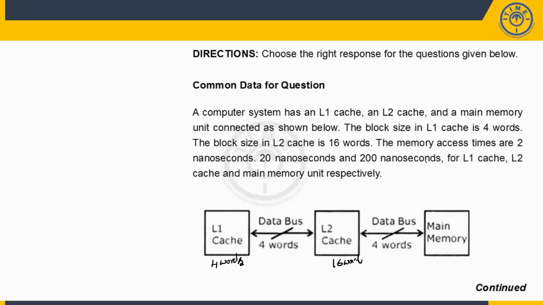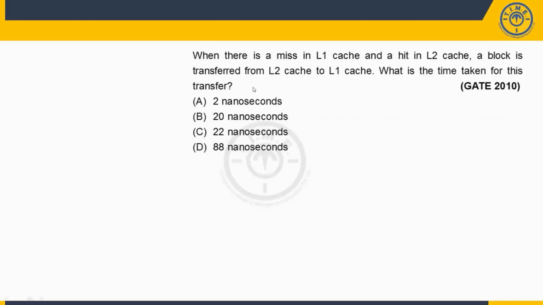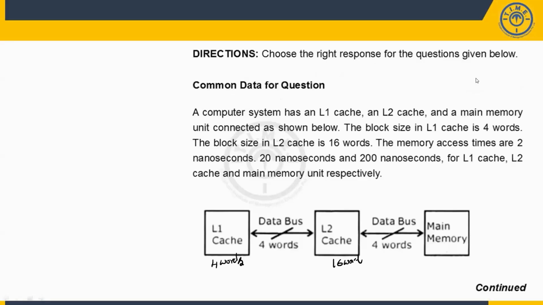The memory access times are 2 nanoseconds, 20 nanoseconds, and 200 nanoseconds for L1 cache, L2 cache and main memory respectively. The question is, when there is a miss in L1 and a hit in L2 cache, a block gets transferred from L2 to L1. What is the time taken for this transfer? Understand?